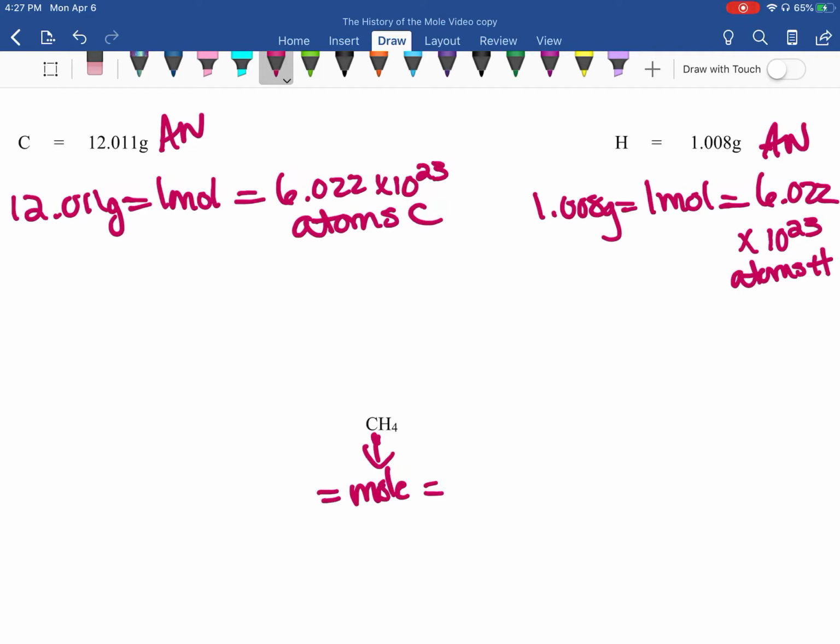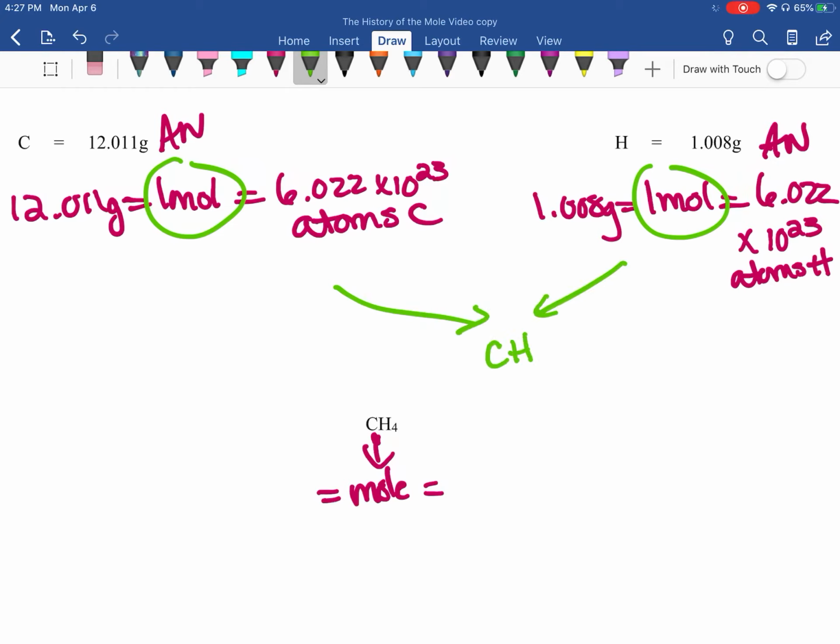How did we put together that 1 mole of methane if we started with 1 mole of carbon and 1 mole of hydrogen? Those together would make CH. But that's not what we have. Mother Nature would stick that together and realize that you actually need 4 of those hydrogens for every 1 of those carbons. Remember, this is still following a bonding rule.